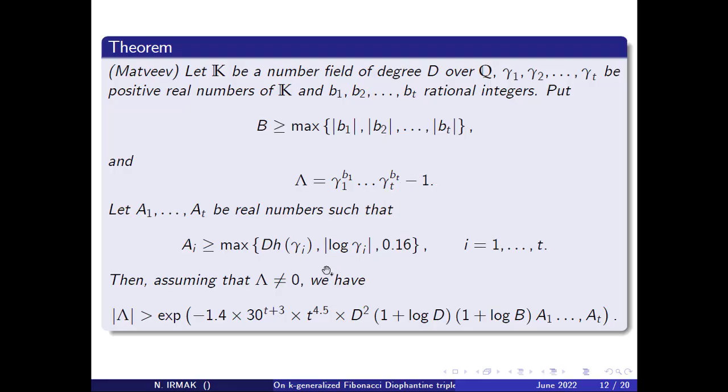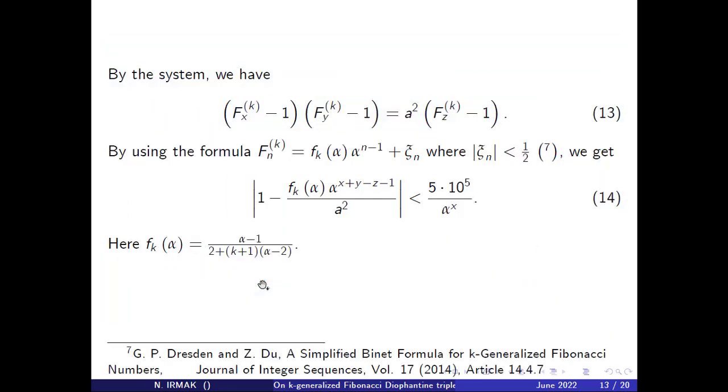To do this, we must show that gamma is different from 0. By the equation system, we have equation 30. And by using this formula and this formula, which is given by the rest, and if we put this formula in equation 13, we obtain the inequalities 14.